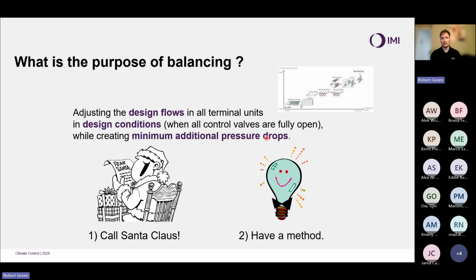We looked at ways we could do this while creating a minimum of additional pressure drops, to make sure we had enough flow to the right areas of the system, and, really importantly, adding as little additional pressure loss to the system as possible to ensure we were optimizing our pumps.